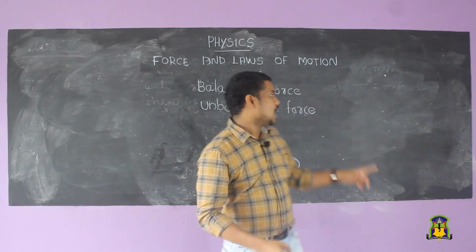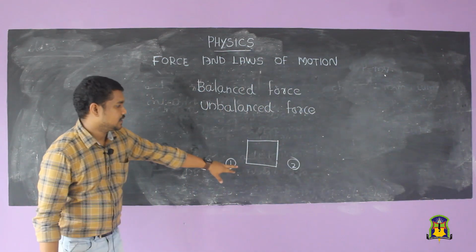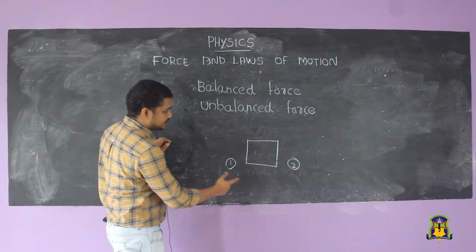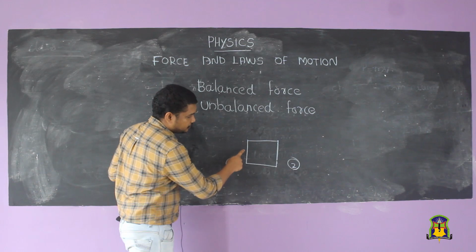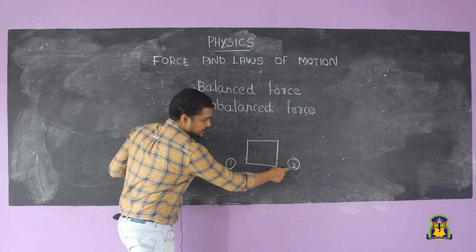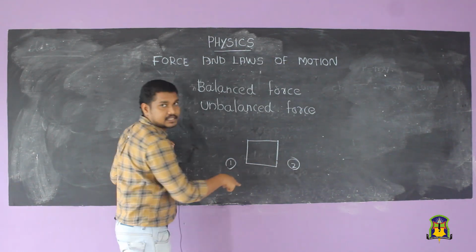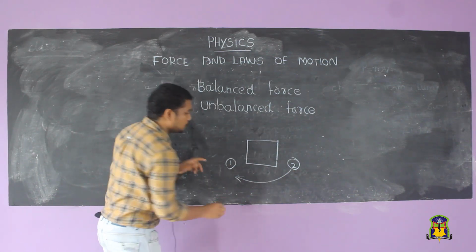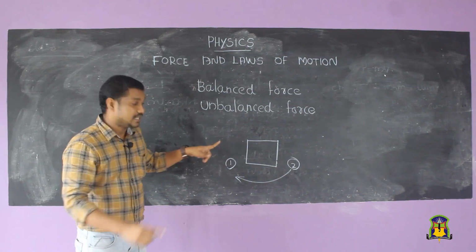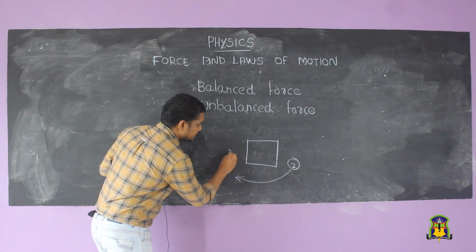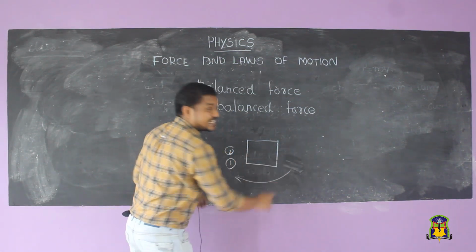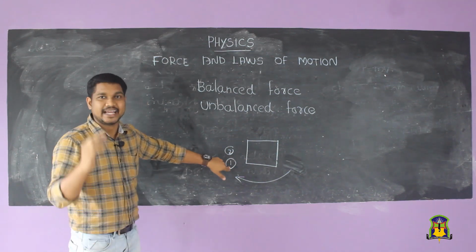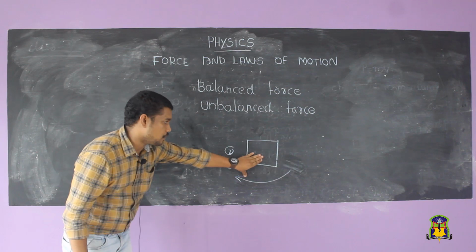Okay. So second one, unbalanced force means here there is a change needed. What change? In the first case, the first boy applied the force from this side and the second boy applied the force from the other side. And in the second case, the second boy moves to this side. That means the first boy and the second boy are on the same side, and both boys applied a certain amount of force to this box.